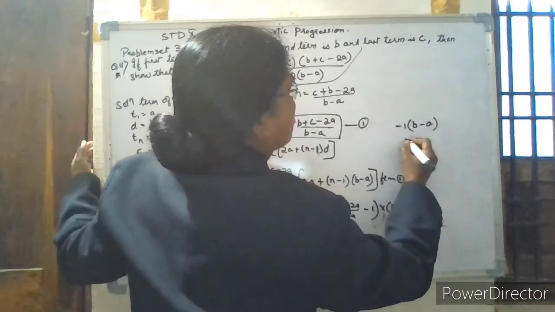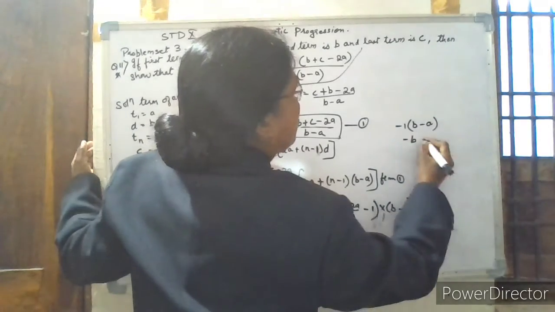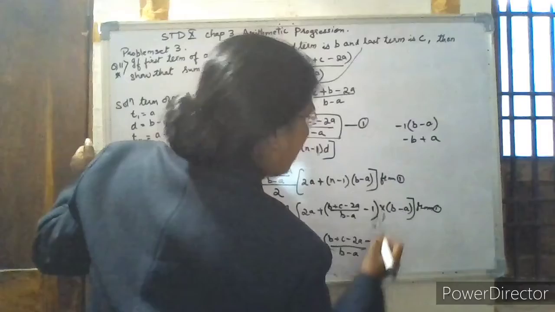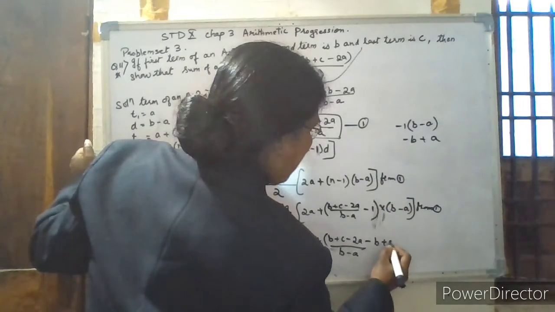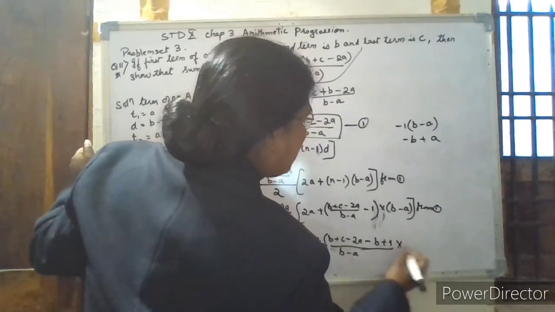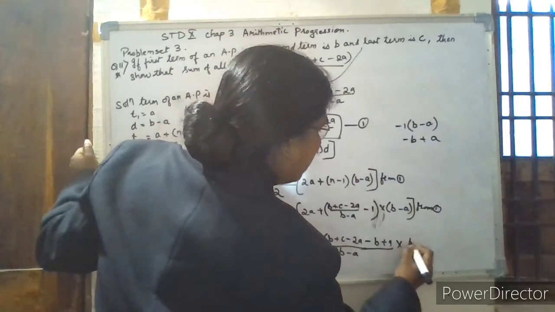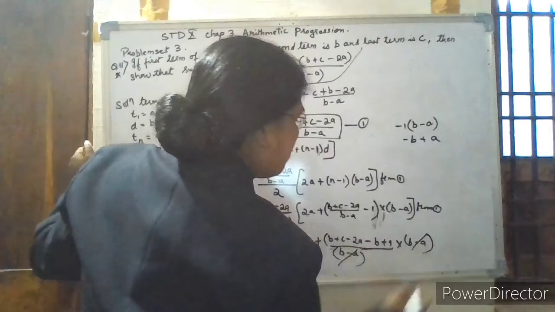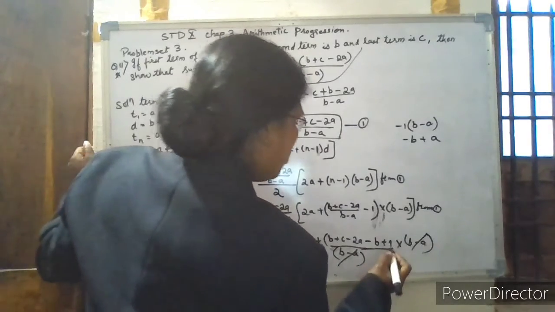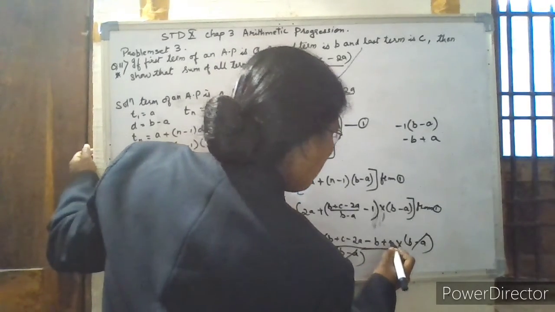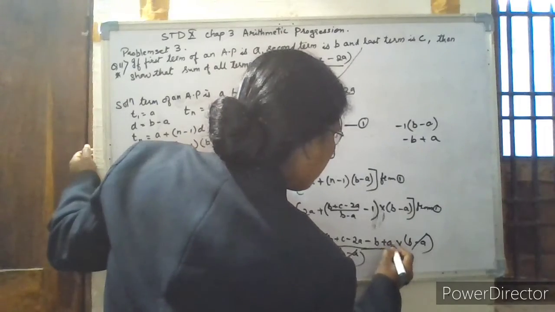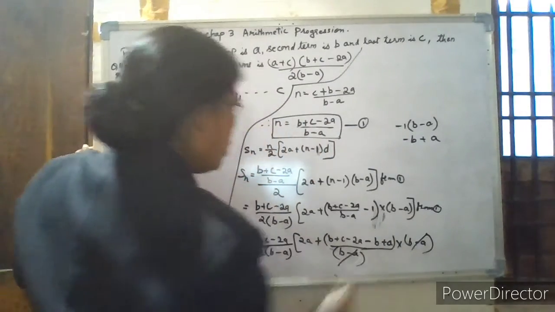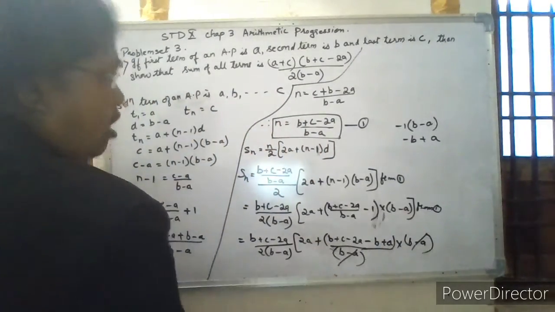Minus b, and minus into minus is plus a. So I will get minus b plus a. This whole thing is multiplied by b minus a as it is. Now this b minus a and this b minus a, I can cancel. So I am left with only this whole thing, so I'll open the bracket.